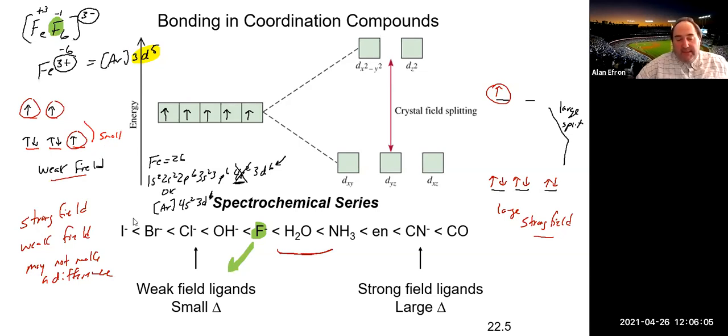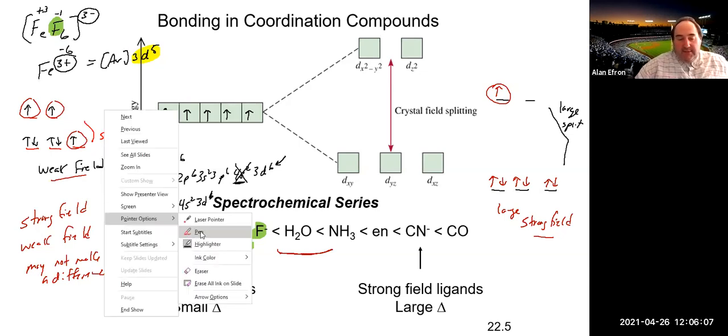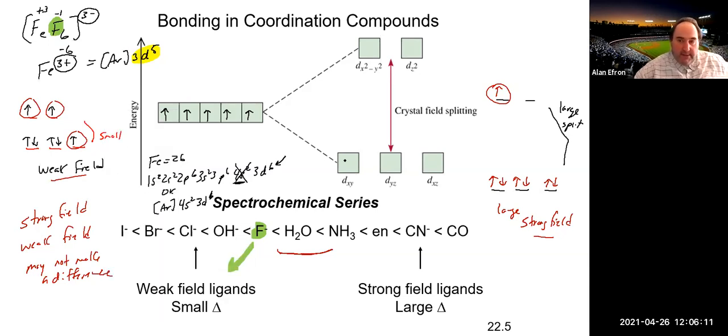So what that means is the distribution of these electrons will happen like so. It will go 1 electron, 2 electrons, 3 electrons. Now, because this is weak field, we would assume that the splitting happening here between the lower d orbitals and the higher d orbitals is not very large.